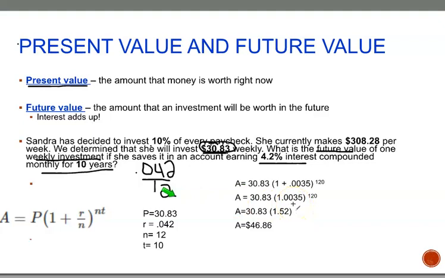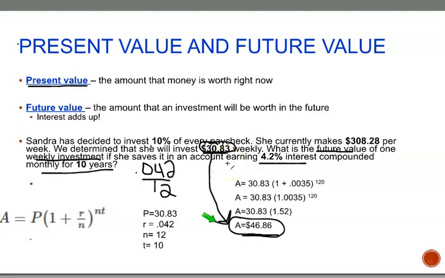Now, when you do this, depending on your calculator, you might not come up with the same exact answer. So when you do all this math, put this in the Desmos calculator, that initial investment of $30.83 is now going to be worth $46.86. So over 10 years, that initial amount grows to $46.86.